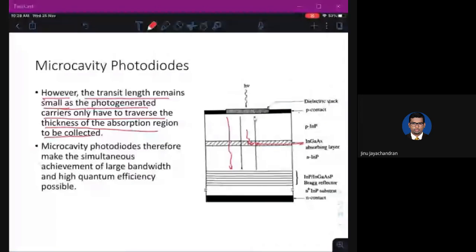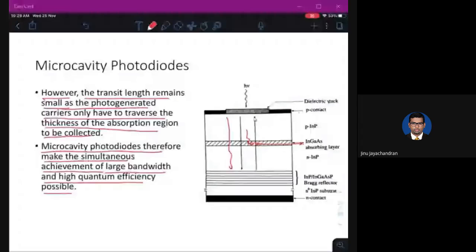More light absorbed creates a higher current. So microcavity photodiodes make a simultaneous achievement of large bandwidth and high quantum efficiency possible. High quantum efficiency is achieved by resonance in the cavity, where there will be a resonant wave creating more absorption and higher gain.